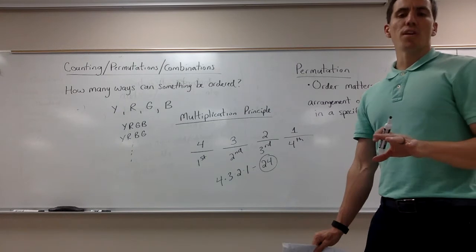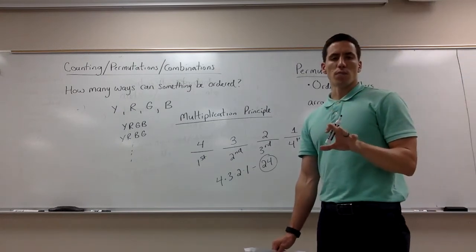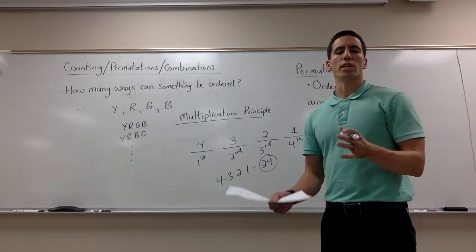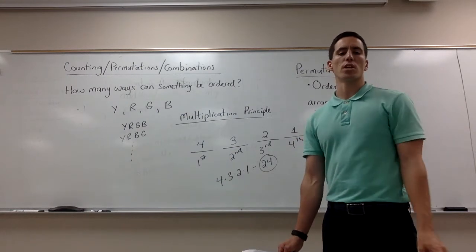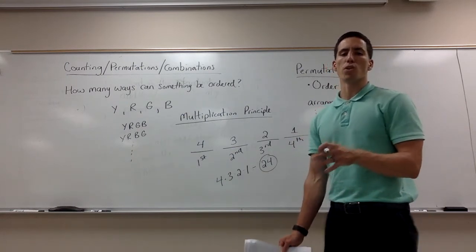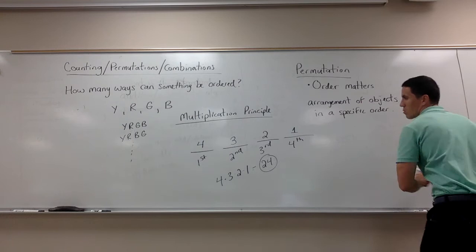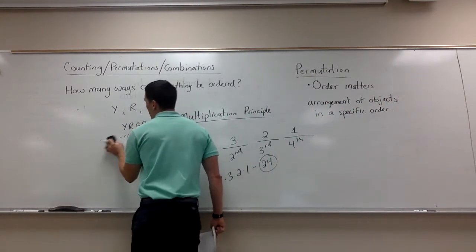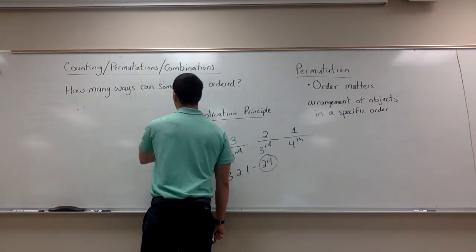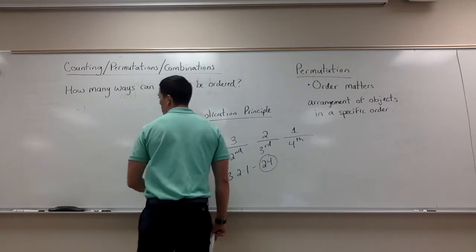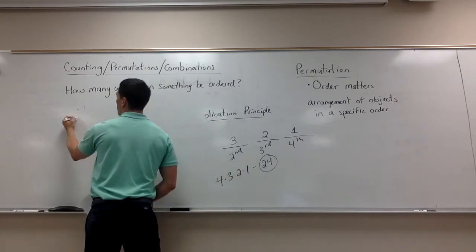When we're going through the definition of a permutation, one of the things that you'll need to know to be able to work with the definition is what is a factorial. A factorial, the mathematical symbol for a factorial, is the exclamation point. You may have seen an exclamation point used before mathematically.